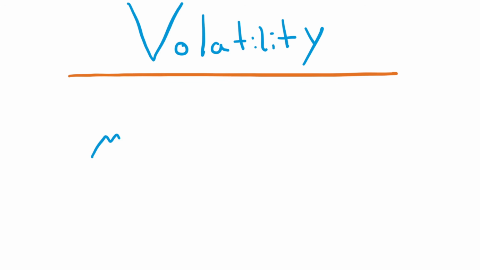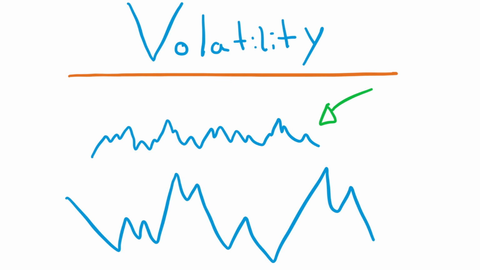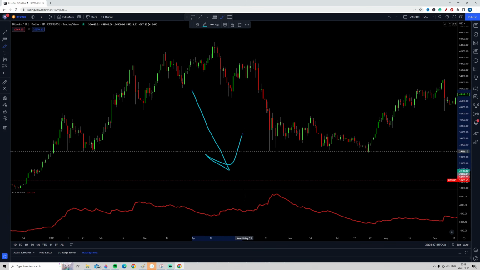So if we have a price action that looks something like this, the price goes sideways, it doesn't move a lot, then this price action is considered low volatility, compared to if you have a price that moves up and down a lot with strong movements like this. So this right here is considered low volatility, and this right here is high volatility. And this is exactly what the ATR indicator measures.